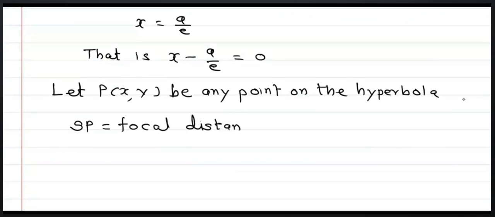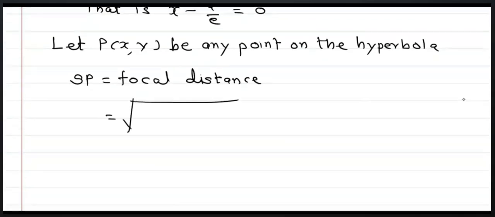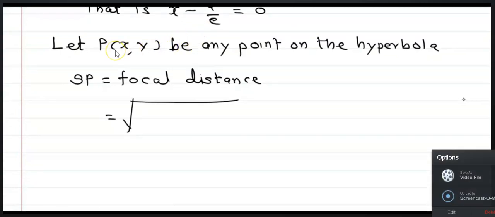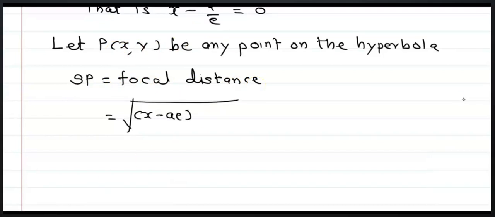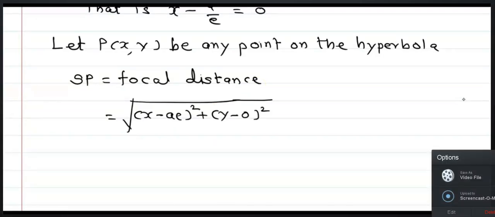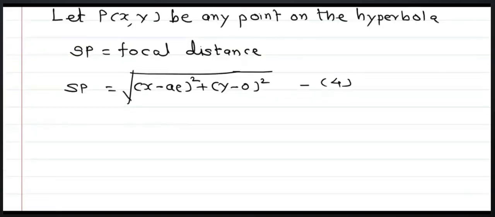SP is the focal distance, meaning the distance of the point P from the focus. Therefore, SP is the focal distance. We will apply the distance formula: root of (x minus ae) whole square plus (y minus 0) whole square. This is the SP.